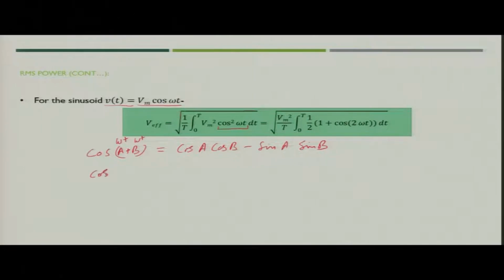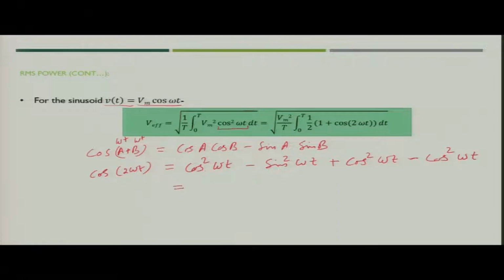So, this will become cos of 2 omega t, and that will become cos square omega t minus sin square omega t. Now, if you add cos square omega t and subtract the same term, cos square omega t, it will not have any impact on the overall equation.